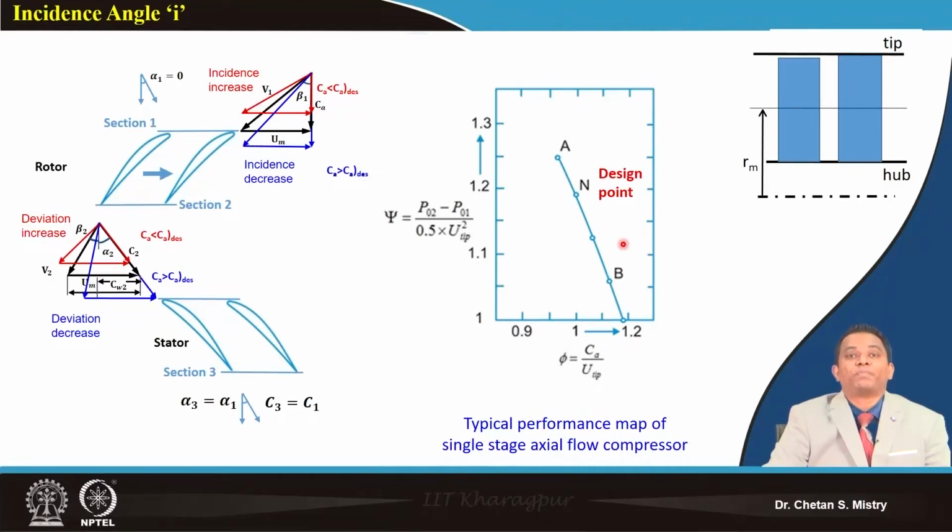One way is by managing the mass flow rate through the engine, and the second is by changing the rotational speed of the wheel, or the rotational speed of my compressor. So this represents what is happening at the constant speed configuration. When we have a constant speed configuration and a decrease and increase of mass flow rate, we have a change of incidence angle and a change of deviation angle.